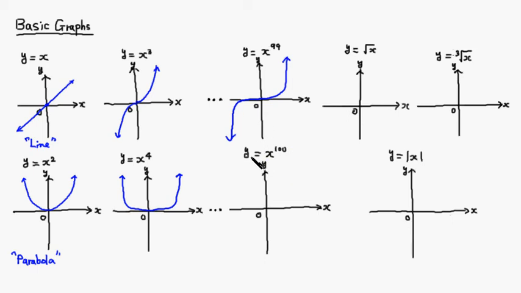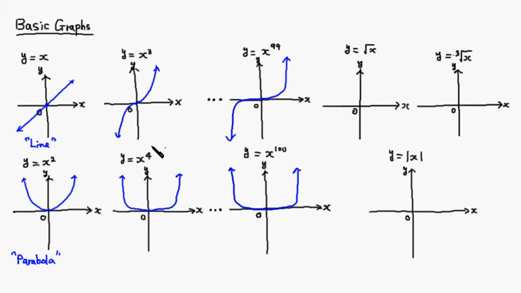And similarly, y equals x to the 100th power. So 100 is an even number. So it's going to have a U shape, but it's going to be much steeper on the side and much flatter around the origin. So it's almost like a box, right?